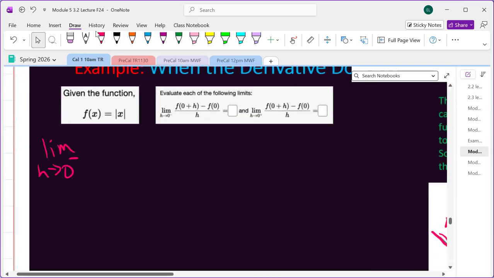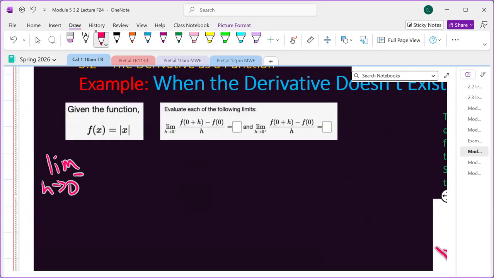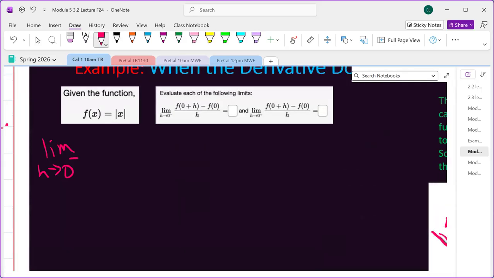All right, so f of 0 plus h from the left. This is where we want to remember what the piecewise definition of absolute value is.